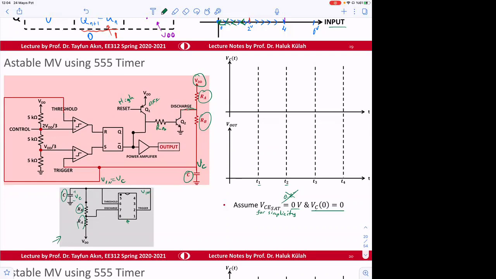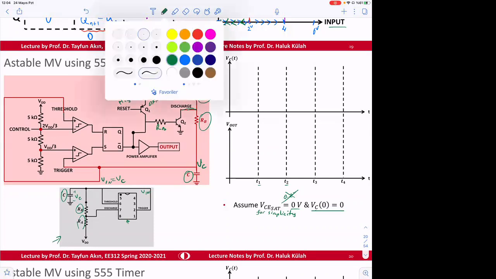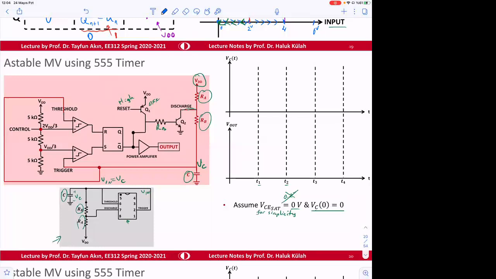Okay, so we need to start analyzing this. The first thing we will do is assume that the capacitor is 0 volt. So what is V out? How do we define V out? V out is this voltage, right? What is V out?